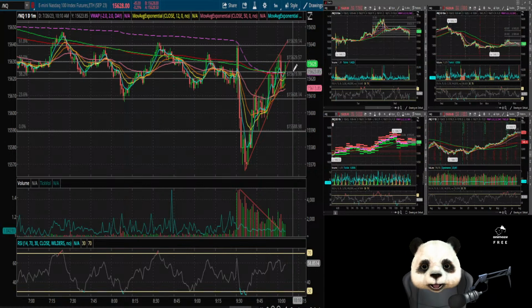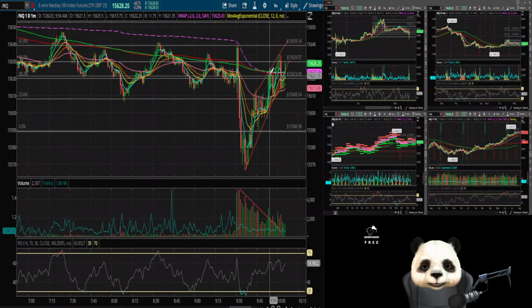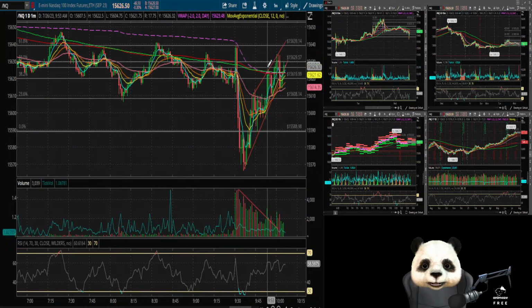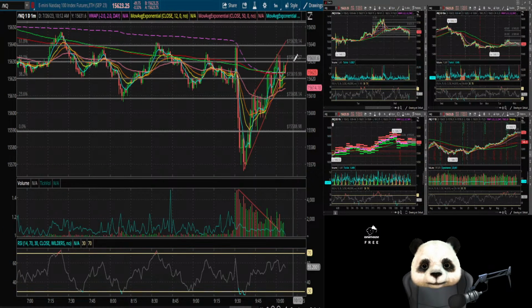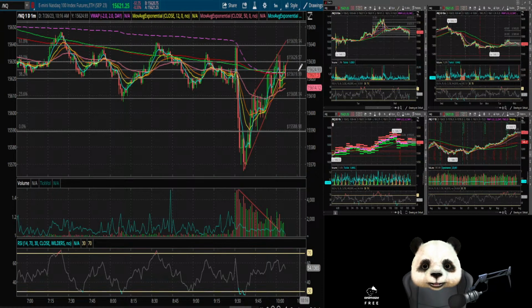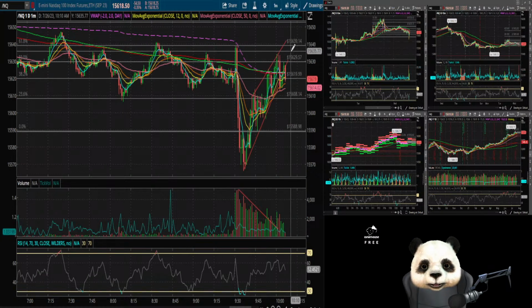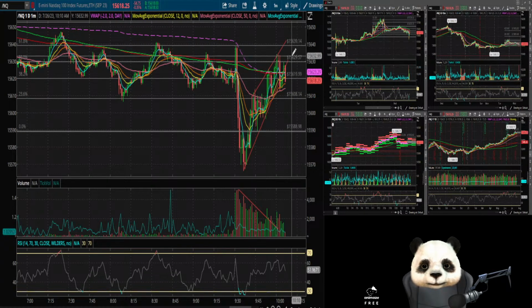See, I would have had a tight stop here. Don't get me wrong, I probably would have stopped out above this candle here, right about 26. So that would have only been a $60 stop. But $60 is $60, and I like the dollars. Keep the dollars coming. Or you could have put the stop loss here, but man, you always want to keep your stop loss as tight as possible.